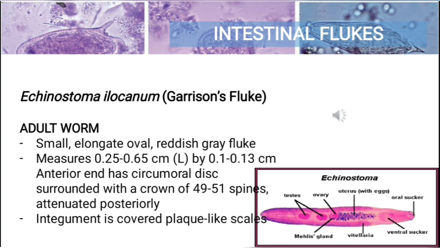It has a simple intestine of equal length which extends to the subcaudal region, and it has 2 deeply lobed testes which lie one behind the other in the middle of the posterior body, behind the globular ovary, and the vitellaria are medium-sized follicles in the lateral fields through the posterior three-fourths of the body.